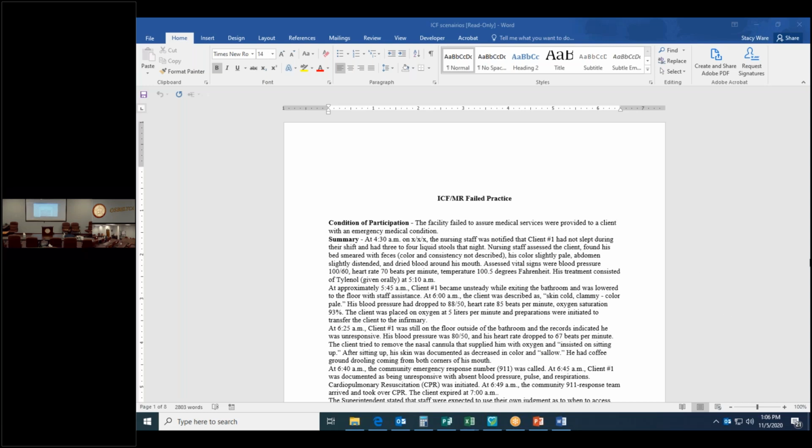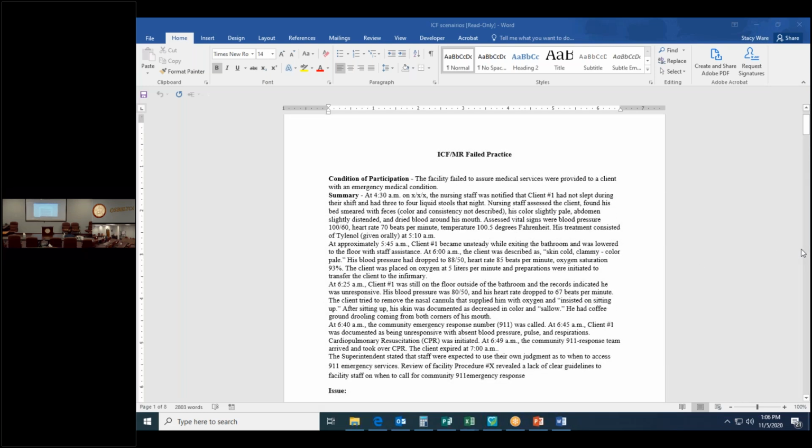Can I get someone to read that for me because I'm about to lose my voice here? Do I have any volunteers? Sure. The facility failed to assure medical services were provided to a client with an emergency medical condition. Okay, read the summary also, please.